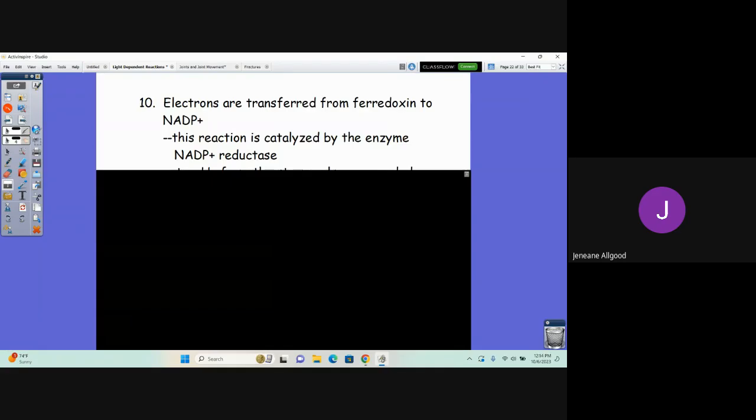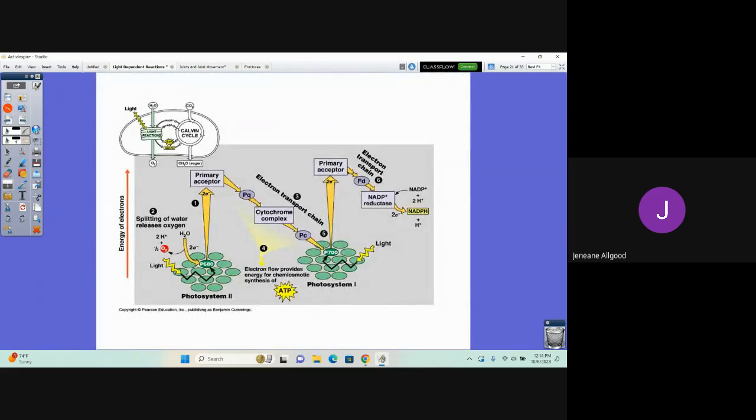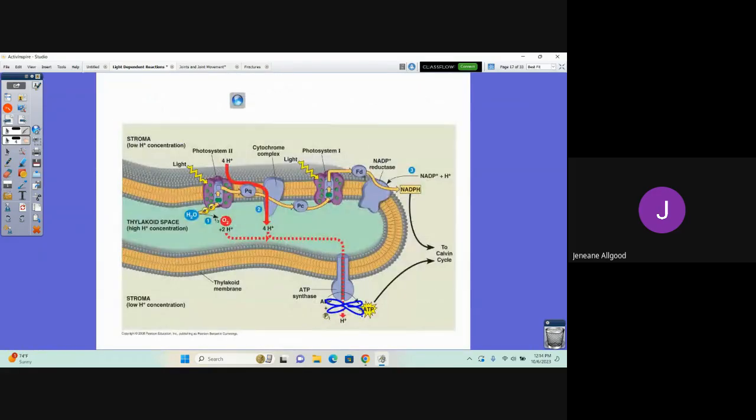If you look at this previous picture, this is NADP plus reductase. Ferredoxin is going to pass the electrons to it.